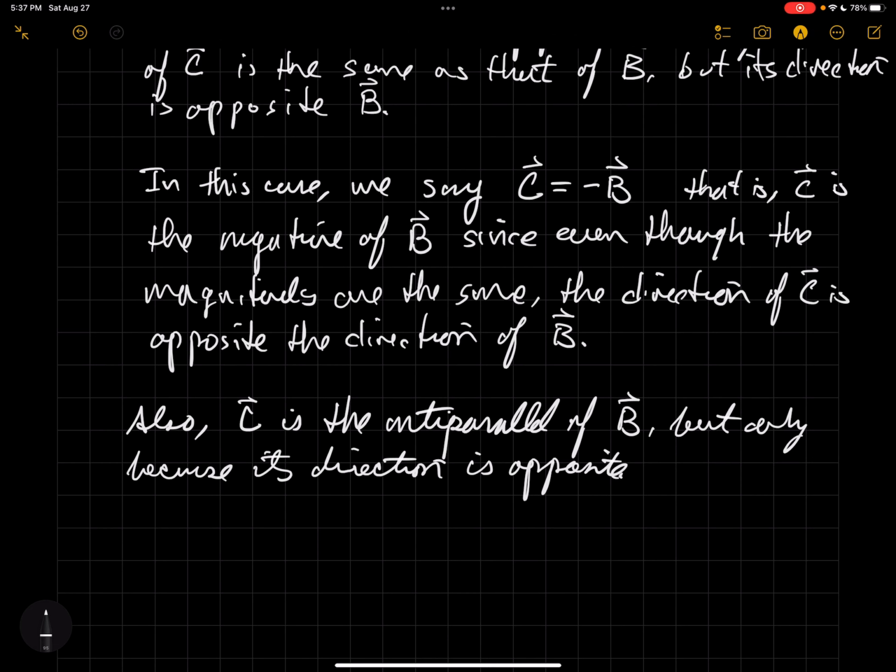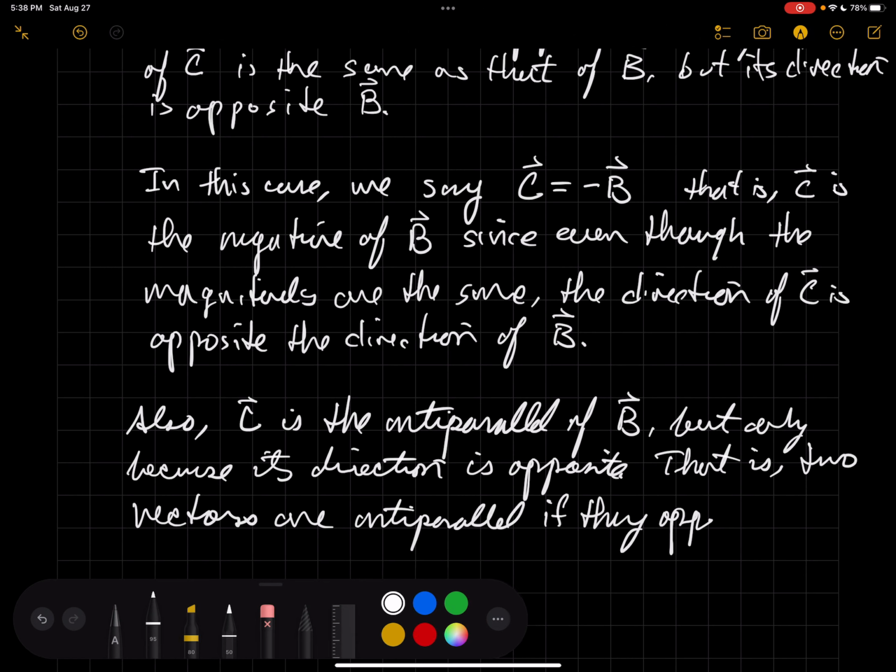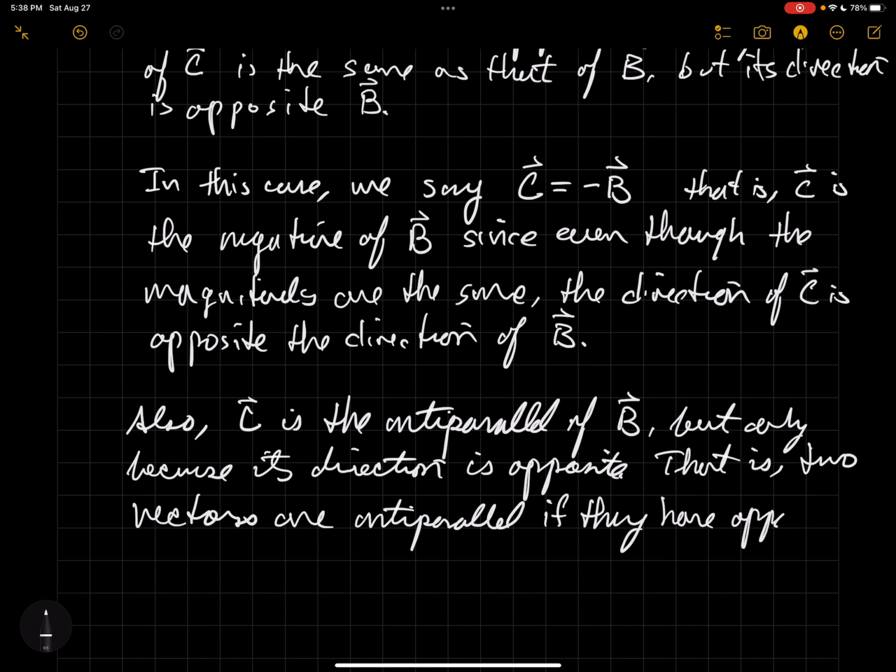In other words, two vectors are anti-parallel if they have opposite directions regardless of their magnitudes.